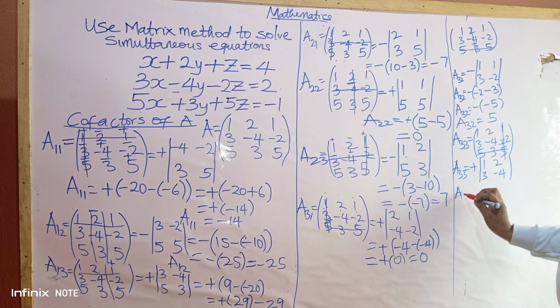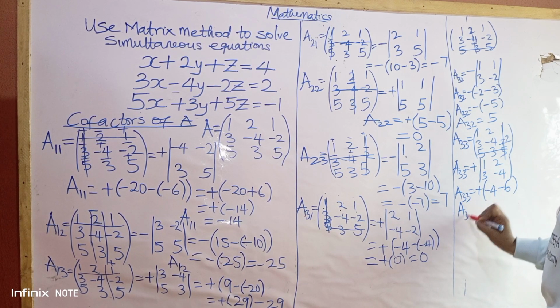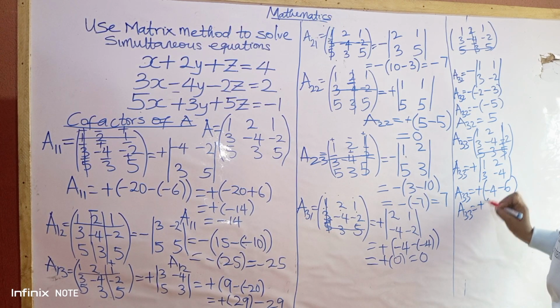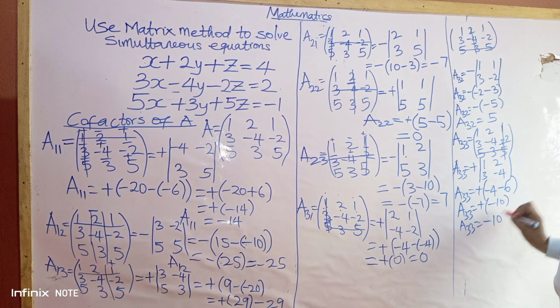So A33 will be equal to plus into bracket 1 multiplied by minus 4, minus 4. So minus 3 multiplied by 2, that is 6. So I have A33 to be equal to plus into bracket minus 10. So A33 is equal to minus 10.